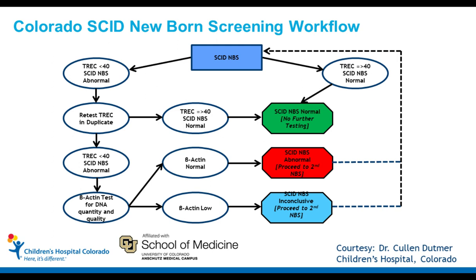If beta-actin is normal and TRECs are low, this is considered to be an abnormal screening for SCID, and the test is repeated a second time to confirm, as shown in the red square. If beta-actin is low, it indicates that perhaps the quality of the sample was not optimal, and we could call this an inconclusive test and go back and repeat the newborn screening test again.